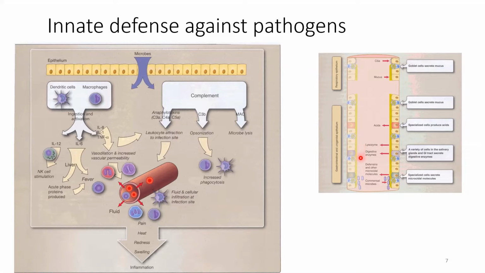There are also many digestive enzymes: protease, lipase, DNase, RNase. Defensin and cathelicidin are cationic proteins with a positive charge that can anchor and cause pores in the bacterial cell. Okay, if you remember that, we also have the commensal microbes with normal flora.